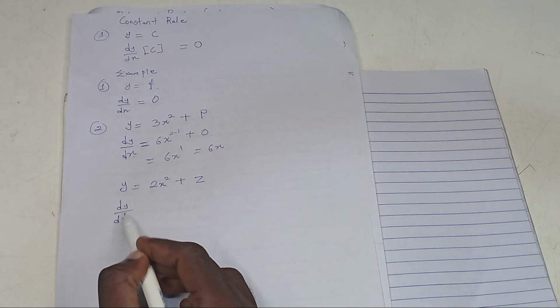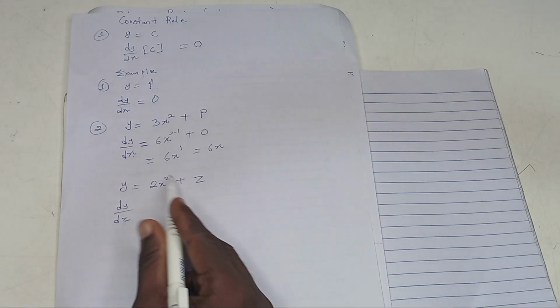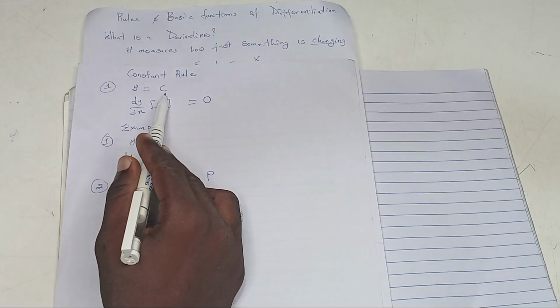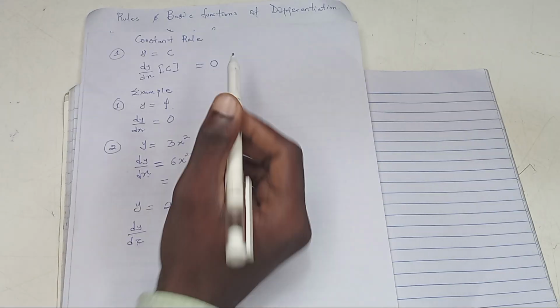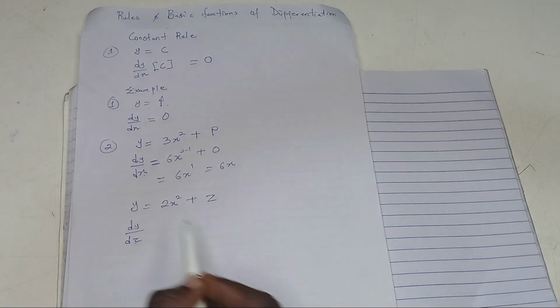Anything that is not z is a constant. So irrespective of what is here as 2x squared, you are taking it as a constant. And I told you that the differentiation of a constant will always give us 0. So here, dy/dz will not be 4x.